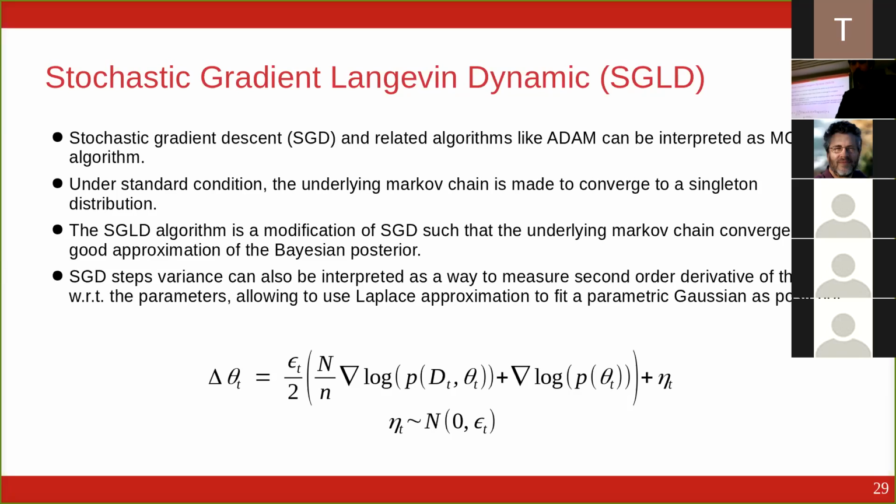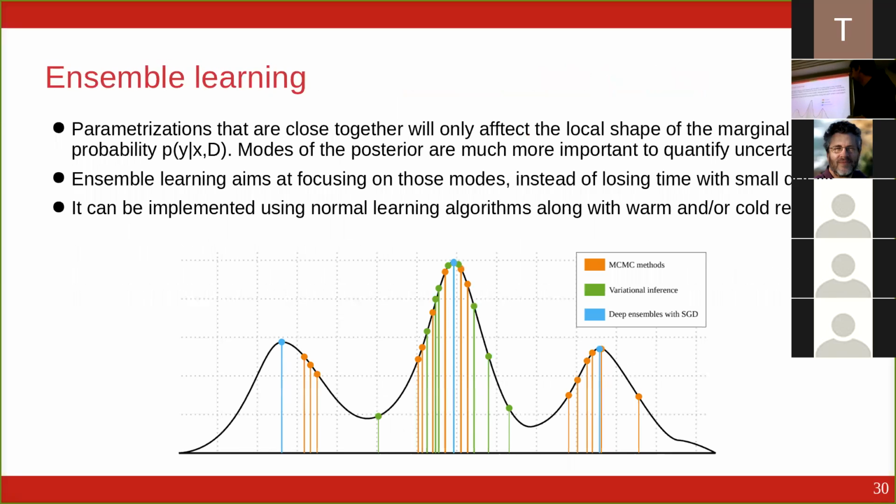What you can do instead is use warm restarts. And there are two approaches. Well, you can use warm restarts with SGLD to kill that self-correlation across samples. Or you can say, okay, well, I don't care about the exact shape of the posterior because if I get points that are on the same mode, they might lead to slightly different predictions, but they will tell me the same thing.